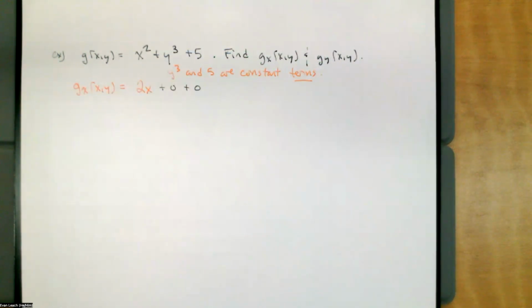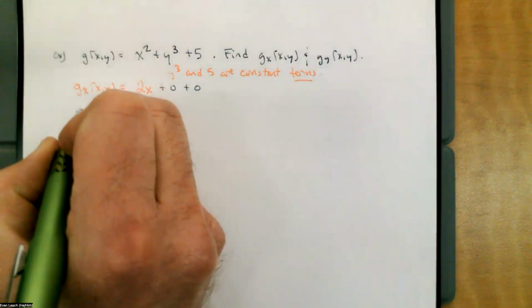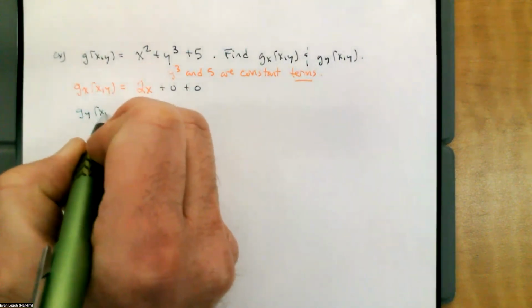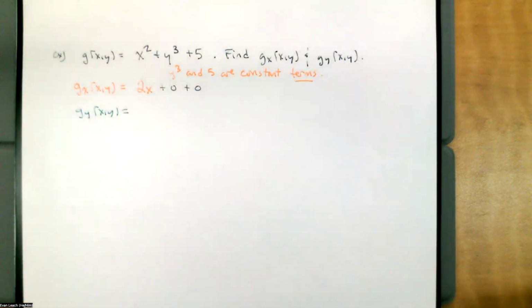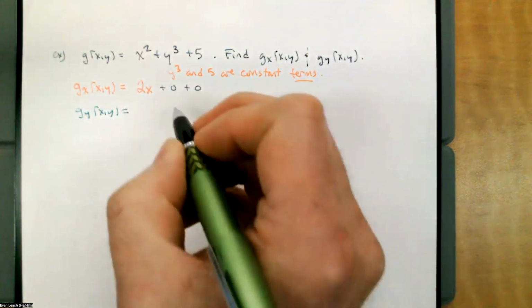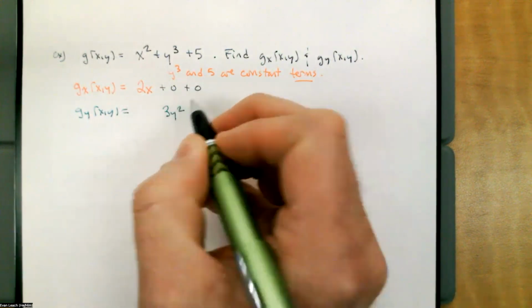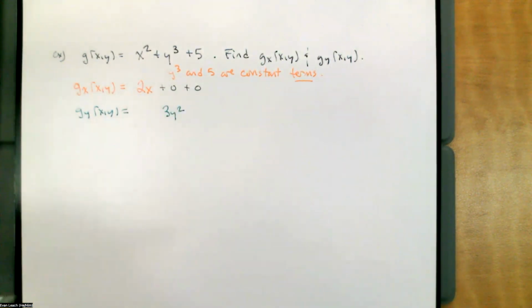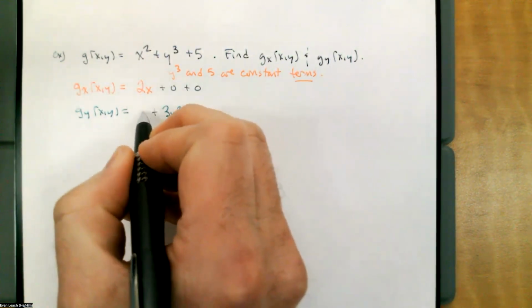So what would the derivative of g with respect to y equal in this case? Three y squared. In this case, the x squared and the 5 are constant terms.